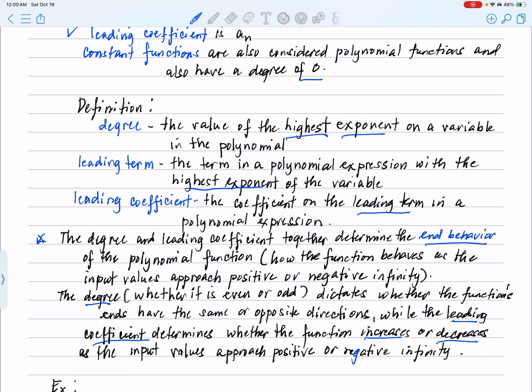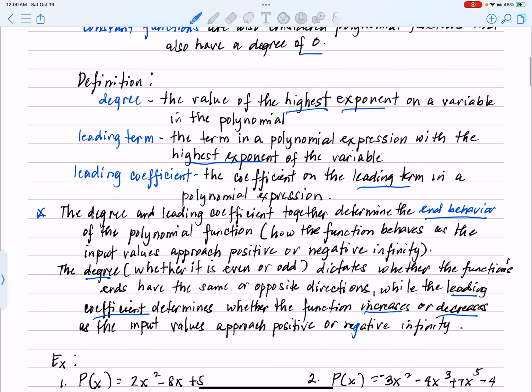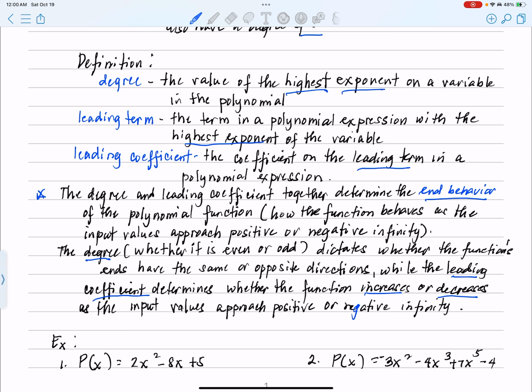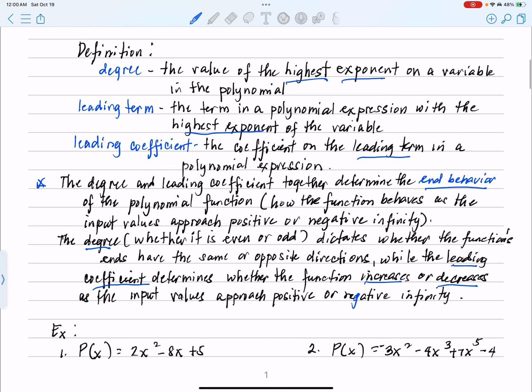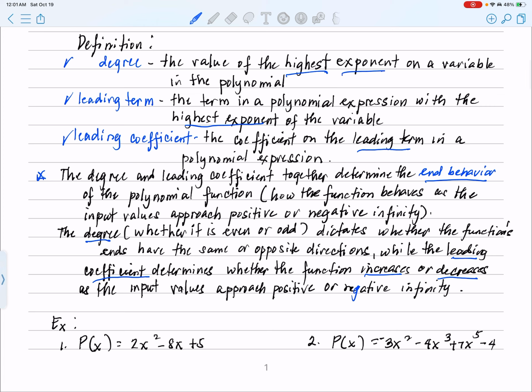All right. Let's get to know more about everything in these examples right here. Degree, leading term, leading coefficient. All right. Let's do number 1.